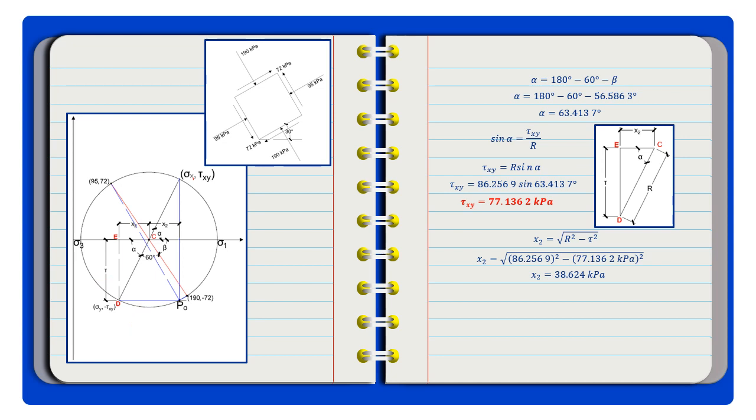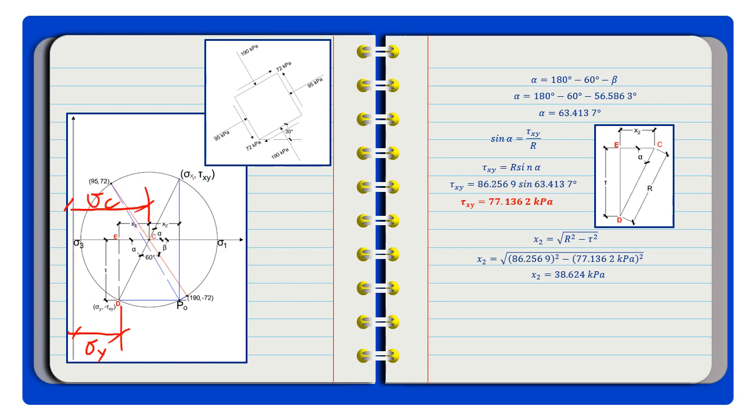So, para mahanap natin yon, since that is a length, sigma y, para mahanap natin siya, since meron na tayong length ng EC, we must subtract yung sigma c sa length EC para mahanap natin yung value or yung magnitude ng sigma y.